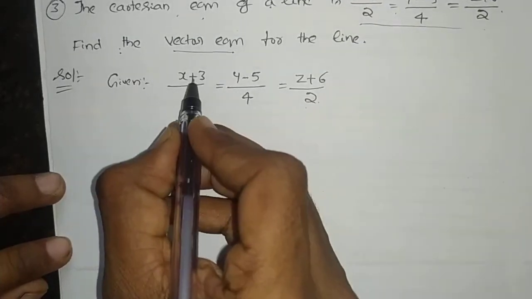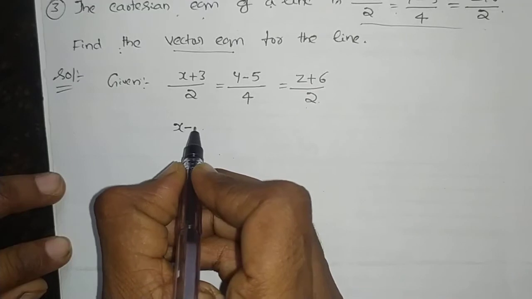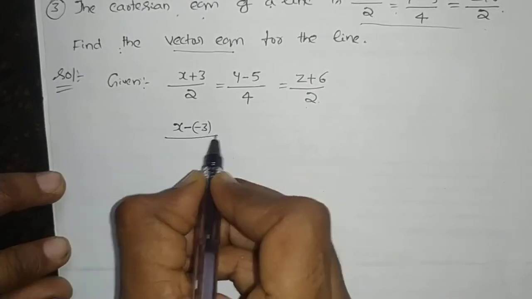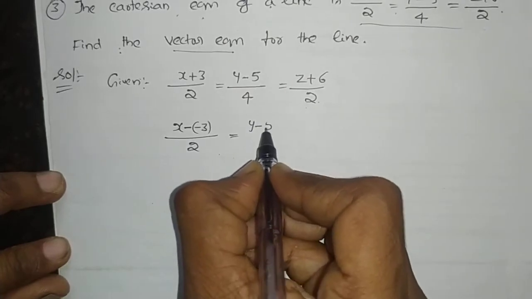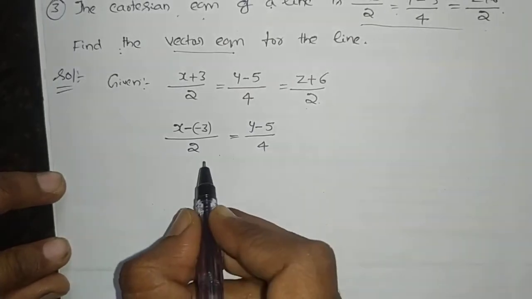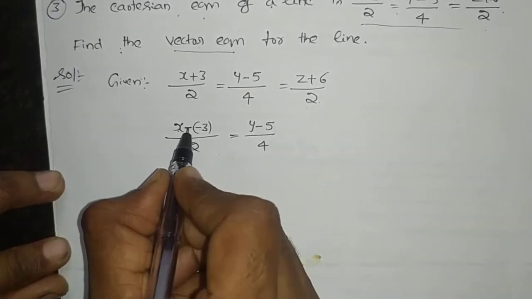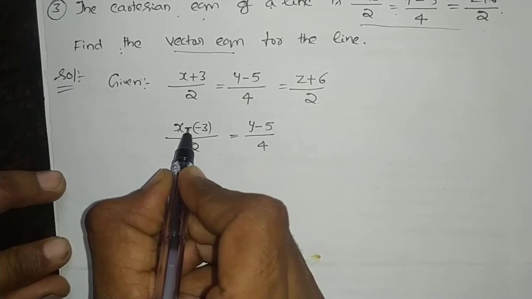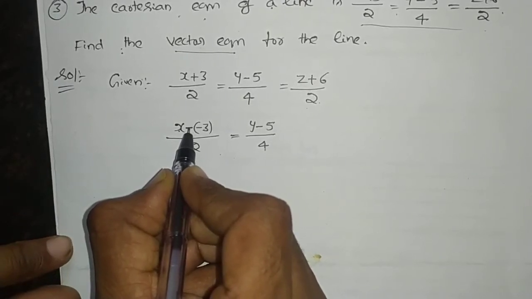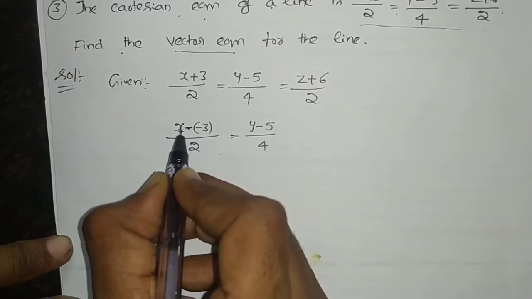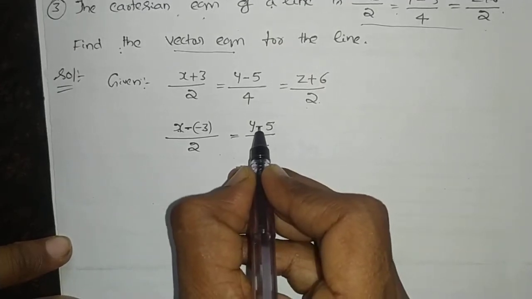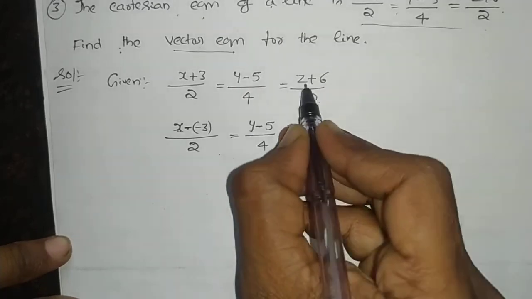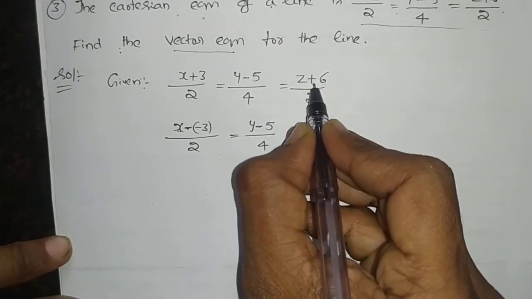Here we have x minus of minus 3, divided by 2, equals (y minus 5) divided by 4. If we want to rearrange the given equation, then after x there should be a minus, after y there should be a minus, and similarly after z there should be a minus.